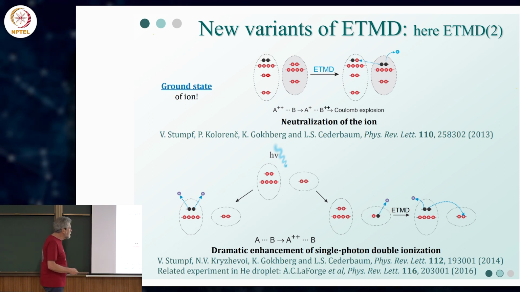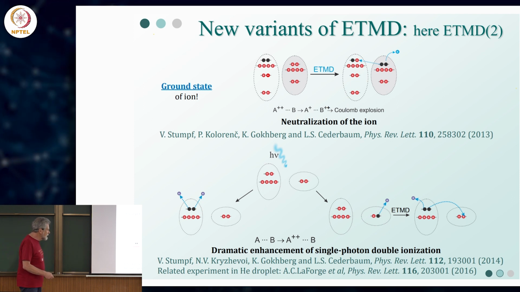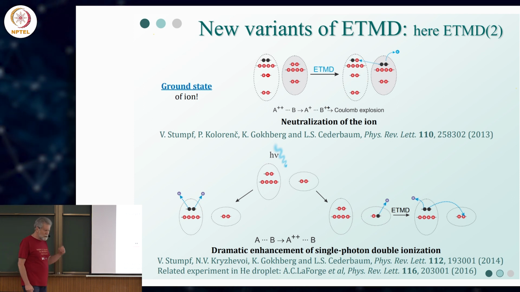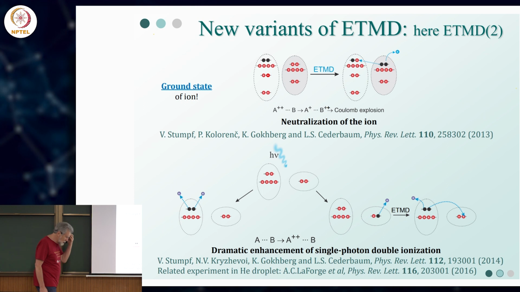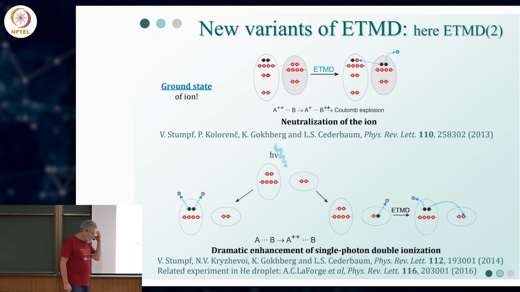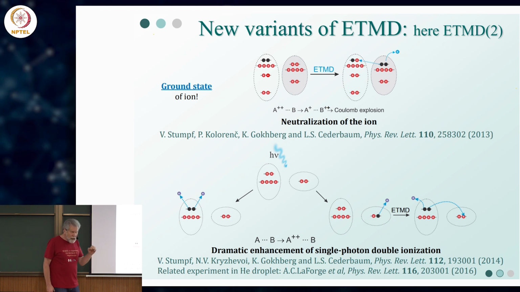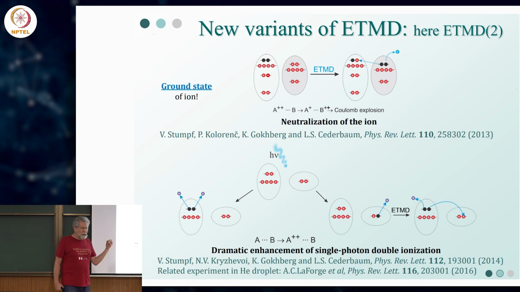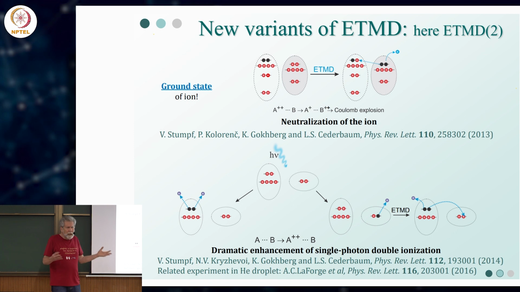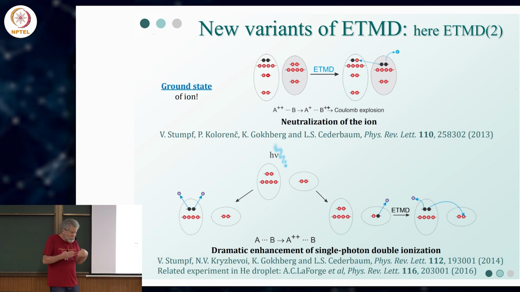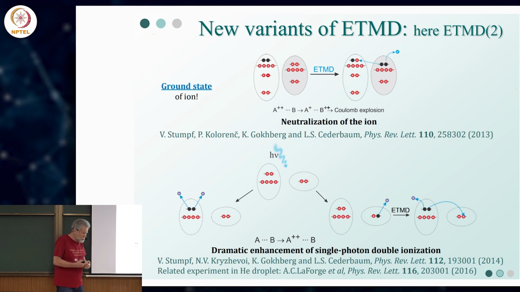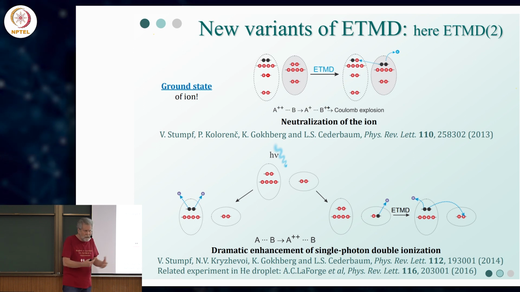Now, a nice example is the dramatic enhancement of single photon double ionization. The single photon double ionization has been studied by many people because the photon interacts is a one body operator, so it interacts only with one electron. Okay, so you would expect naively that the photon kicks out one electron if you ionize.